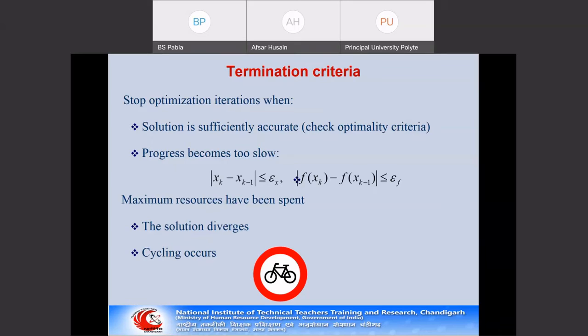When I am saying the process is improving, the solution is converging. Converging means it is coming to a point. But if instead of converging, it started diverging, then we stop.